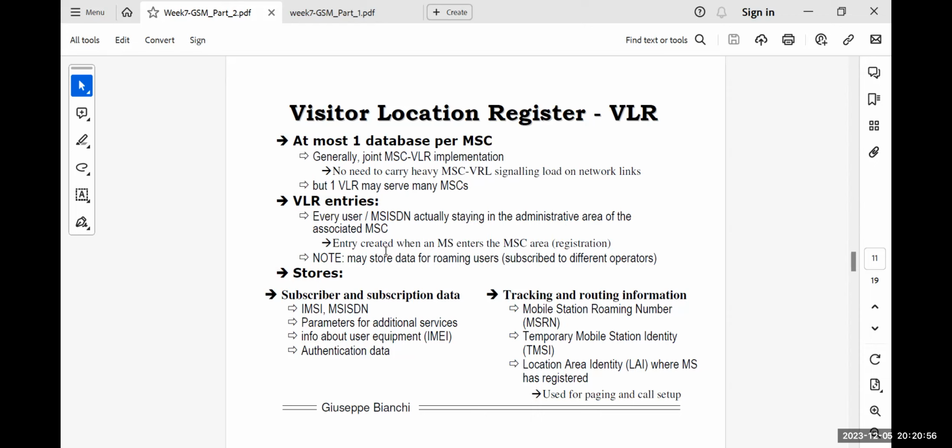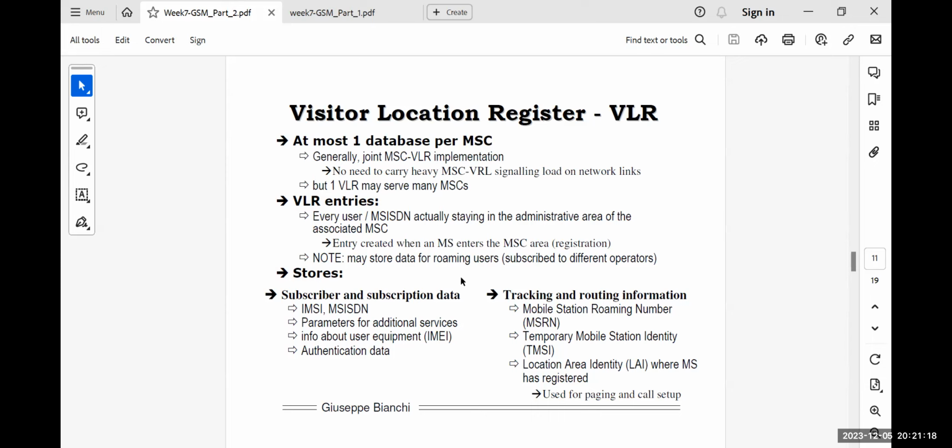For example, I'm sitting over here in the lecture hall, right? So I am connected to a certain MSC, after the BTS and the BSC. And that MSC basically has my mobile phone number, that I'm in this area.